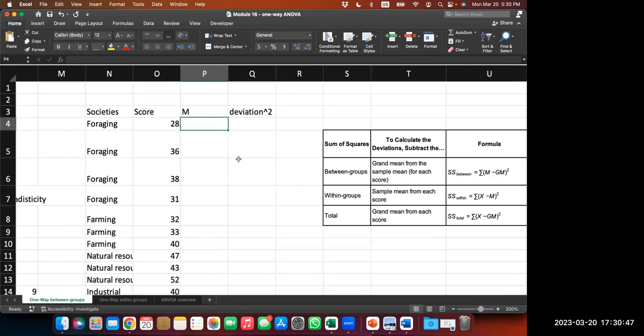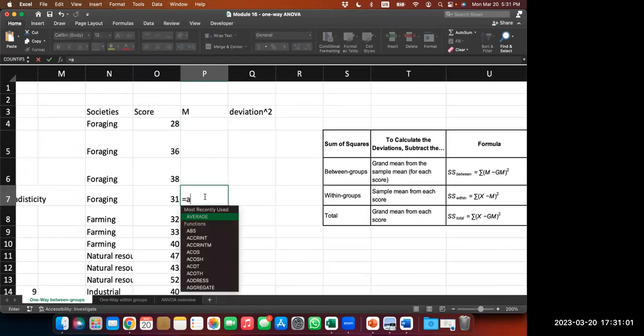Now we want to calculate, first, our M. Our M is calculated as the mean of the respective society.